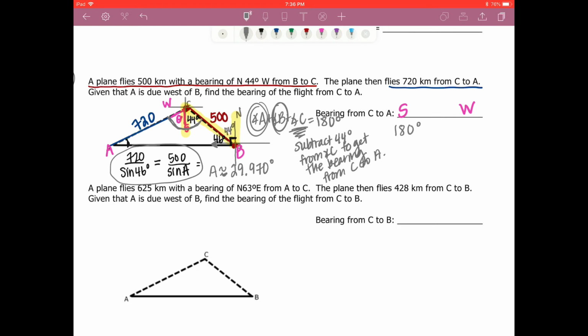So I have 180 minus angle B, which is 46 degrees, minus 29.970 degrees, which is angle A, and that leaves me 104.030 degrees for angle C. Now press pause at any time so that you can do this math in your own calculator.